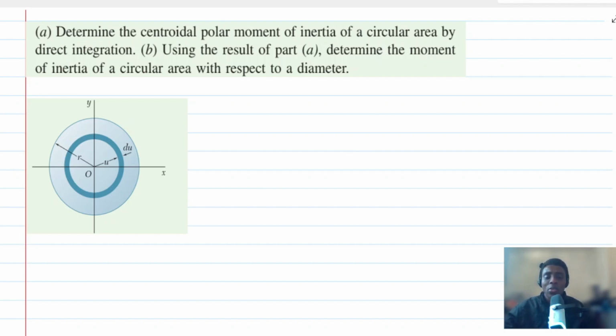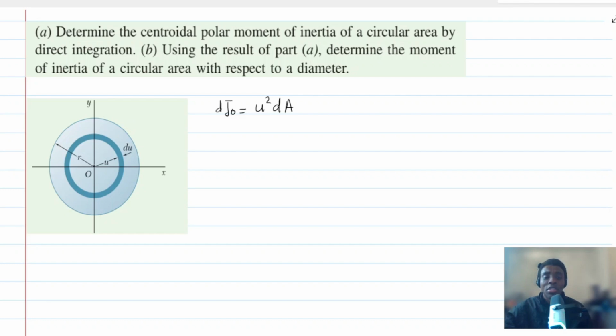So first of all, from first principles, we have what we call the polar moment of inertia, dJ naught. dJ naught is the elemental polar moment of inertia, given by u squared dA. The u here is actually the radius.